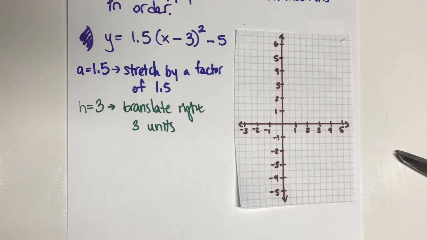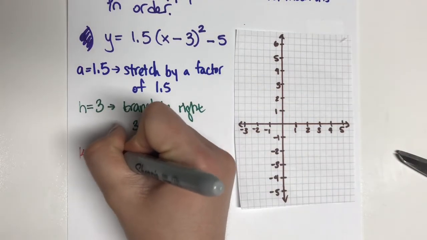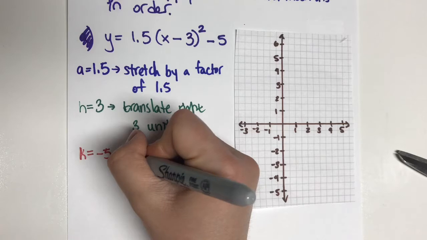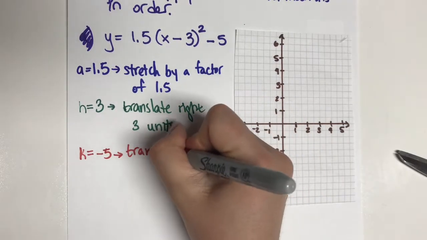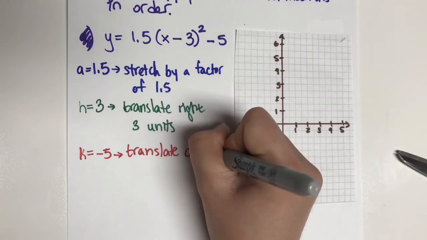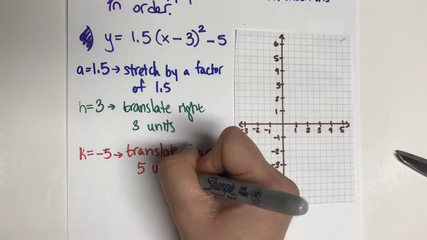And my k is this value right here. So I'm going to translate negative means down. So there's a lot to remember here.